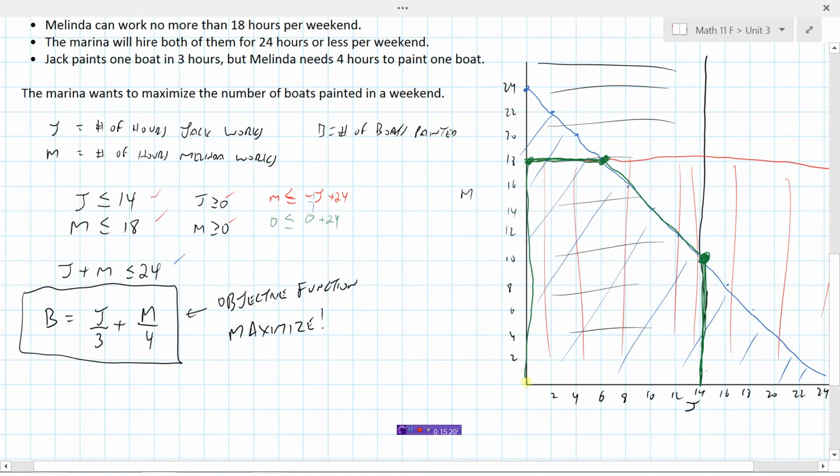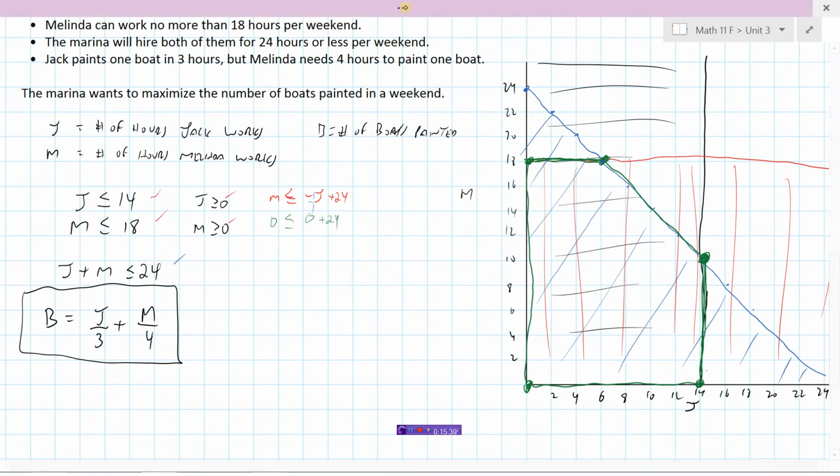And then all the way along here. So when we look at our region, we have 1, 2, 3, 4, 5 points. And we're going to try to maximize this thing. So let's look at all of our points. Let's call this point 1. Let's just start up here. This would be the point 0, 18.